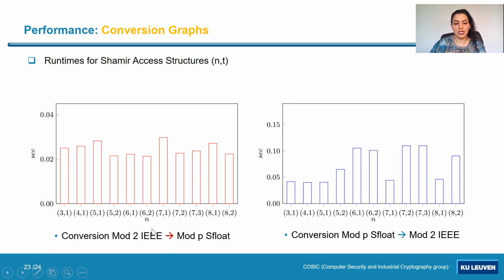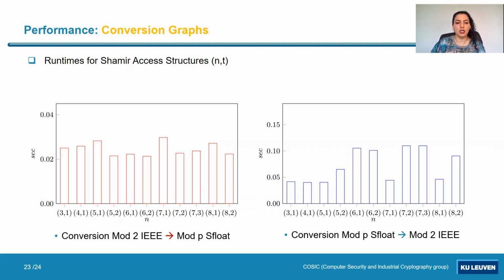You can see that this is the cost that we pay to convert from mod 2 word to mod P word. For example, for addition and multiplication, even paying this cost still gives us better results than doing addition and multiplication in mod P word.